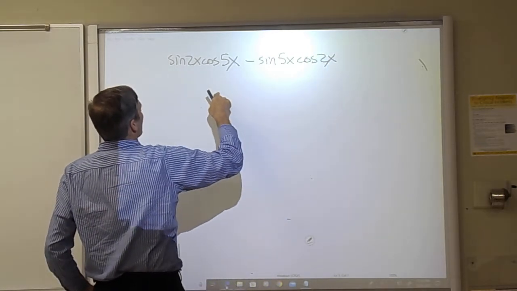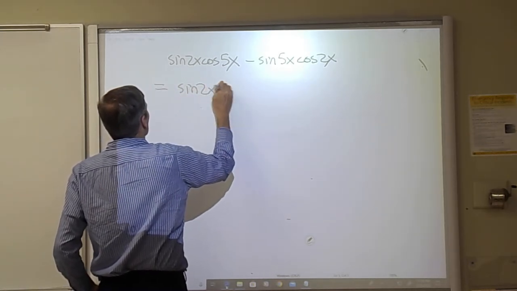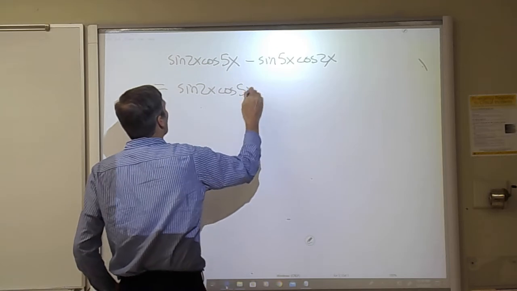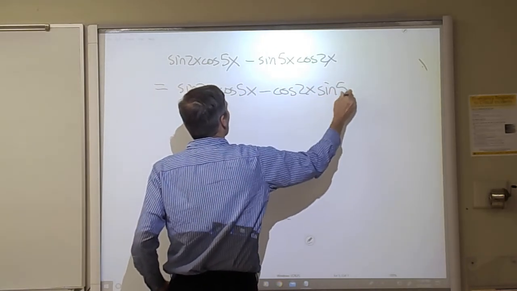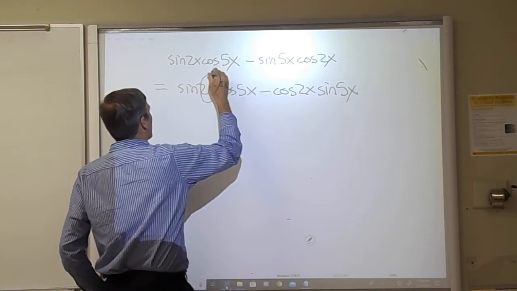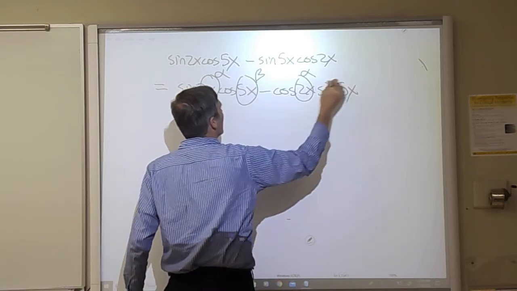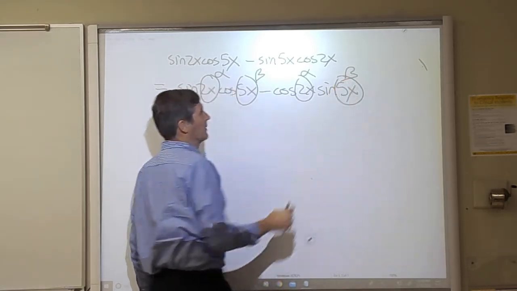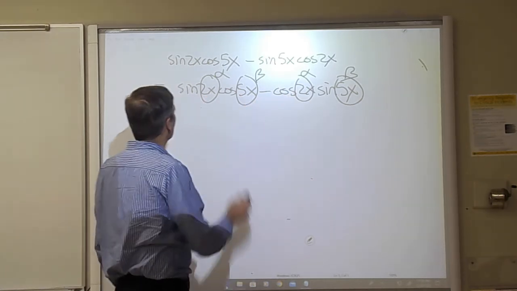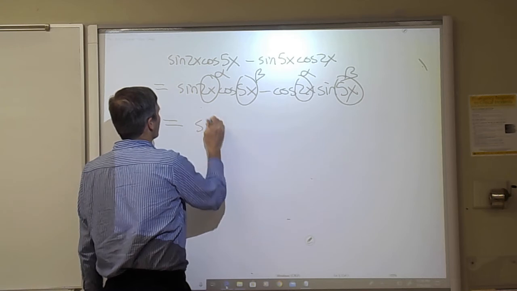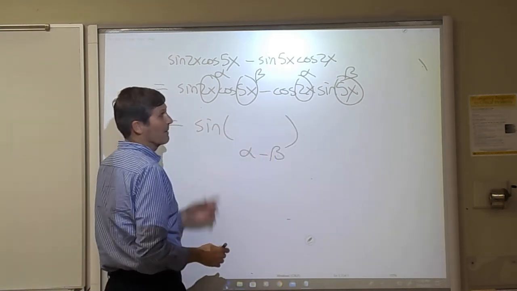We'll just rewrite that and say that's equal to sine cosine minus cosine sine, and if in the identity we were to call this alpha and this beta, this looks just like the trig identity we got, right? Sine alpha cosine beta minus cosine alpha sine beta is a trig identity. This has to be equal to the sine of alpha minus beta according to our formula we memorized.